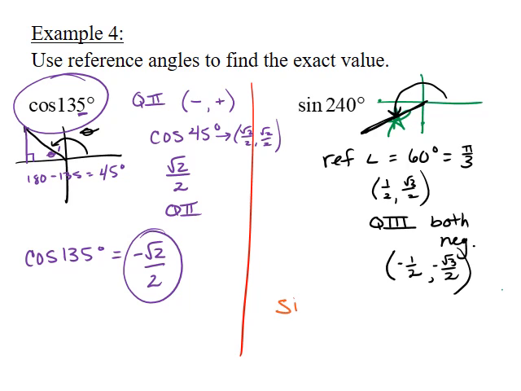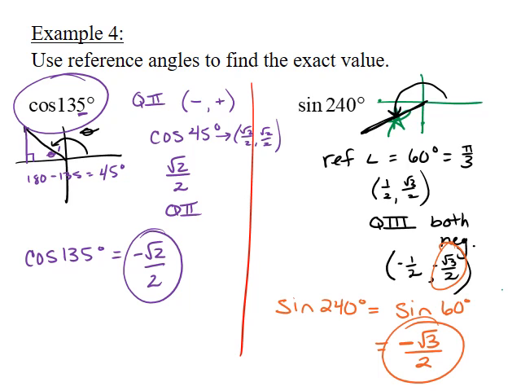Sine of 240 degrees is the same thing as sine of 60 degrees because that's our reference angle. But because we are in quadrant 3, we know that sine is negative. Sine is the second value, so this result is negative root 3 over 2.